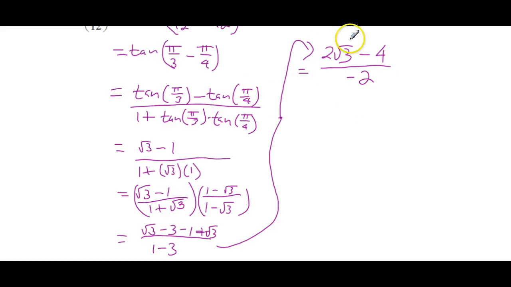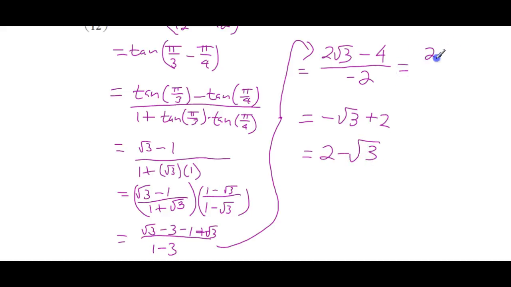Okay, I can divide by negative 2. This divided by negative 2 is going to be positive 2. This divided by negative 2 will be minus root 3. So we end up with 2 minus root 3. One more time.